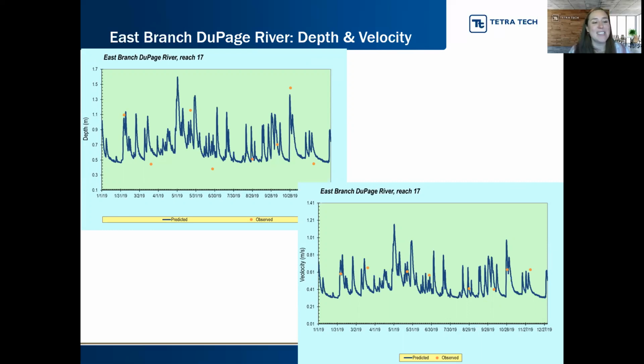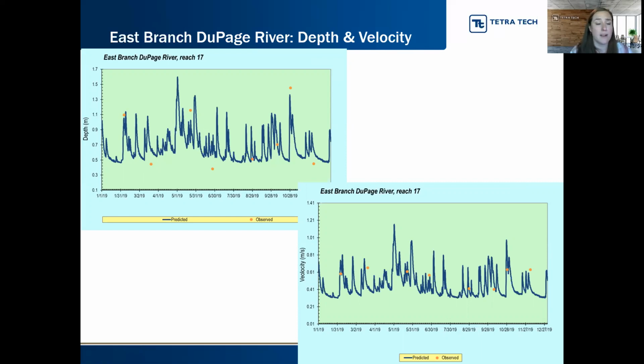But we see here that the depth simulation, depth is going to vary with flow. It's going to vary through space and time. So we're looking at a calendar year result here of simulated depth in blue compared to the orange dots, which were observed depth at various times throughout the year at that USGS gauge, based on the field monitoring.